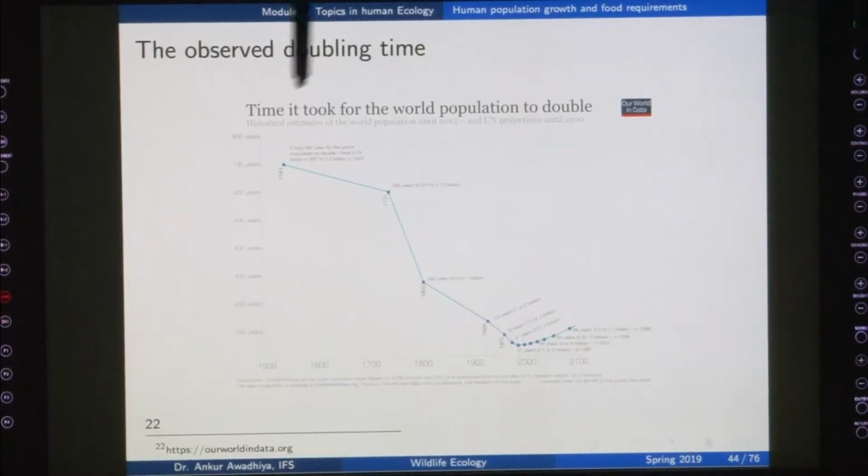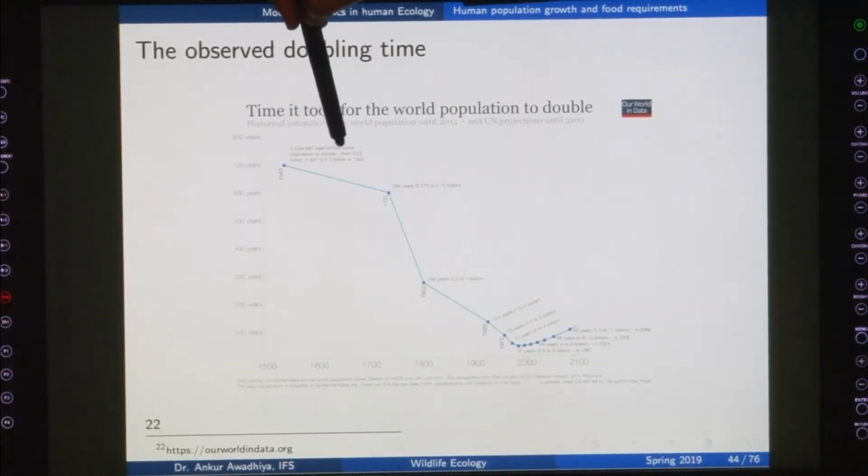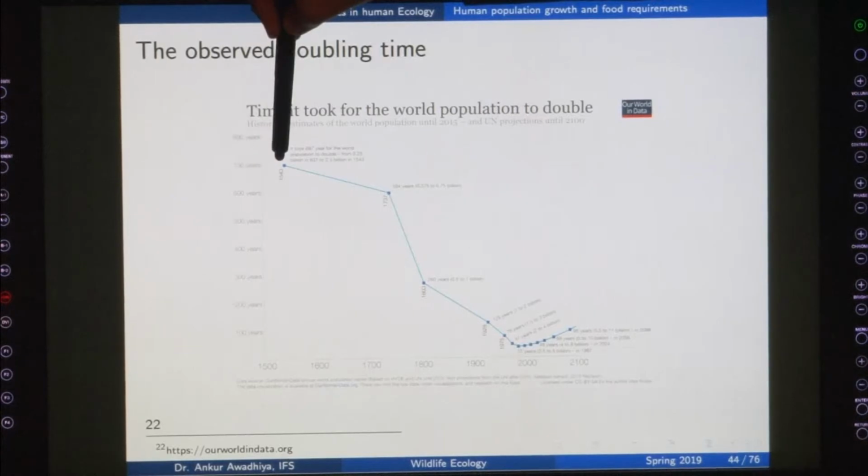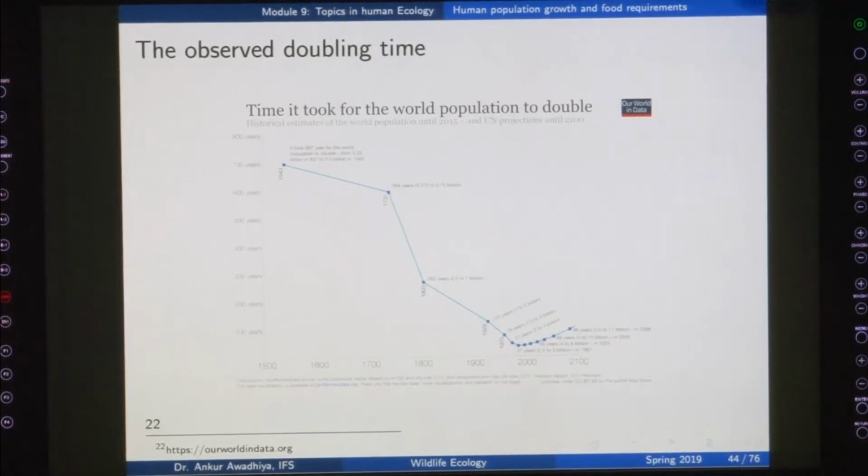So, if we look at this point, 1543, it took 697 years for the world population to double from 0.25 billion in 637 to 0.5 billion in 1543. So, it took as many as 697 years, or close to 700 years, to move from 0.25 billion to 0.5 billion.